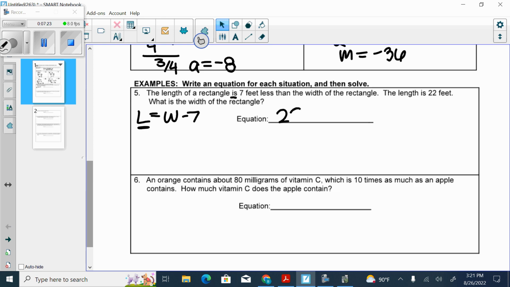So I'm going to end up with 22 equals W minus 7. Right? Okay, now I'm supposed to solve for the width. That's what they want to know. So what are we going to do? All right, so what is the width? 29. Very good. So the width is 29 feet.